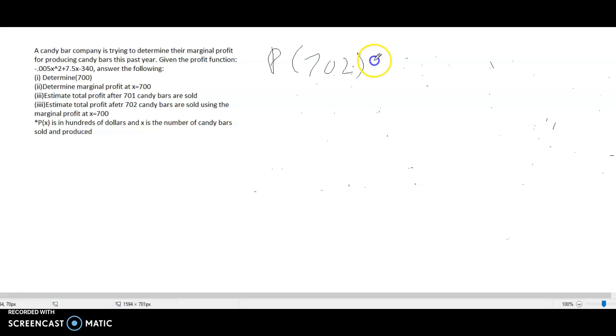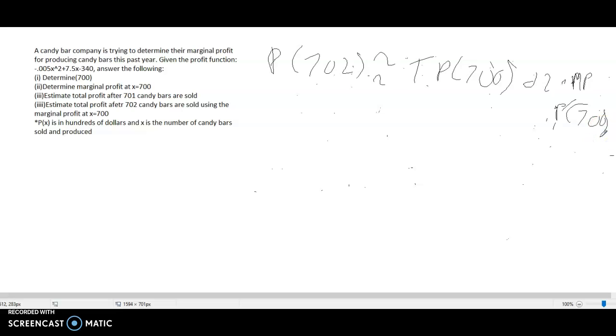So P of 702 is approximately the total profit at 700, which we already worked out, plus 2 times the marginal profit, P prime of 700, which we already worked out.